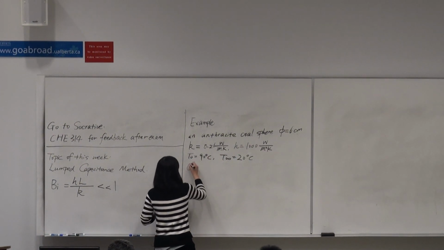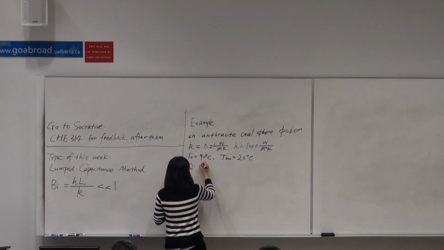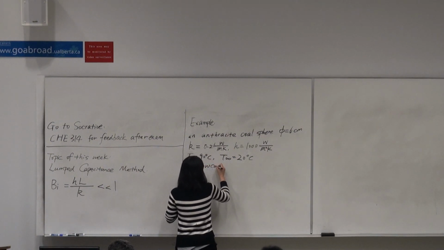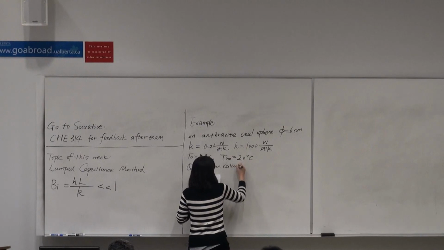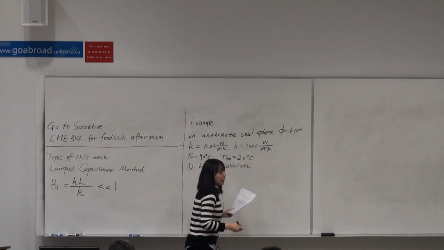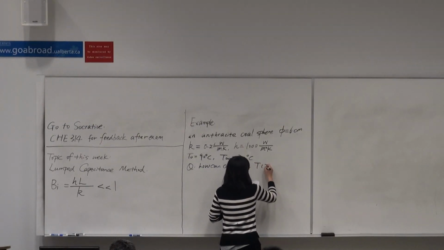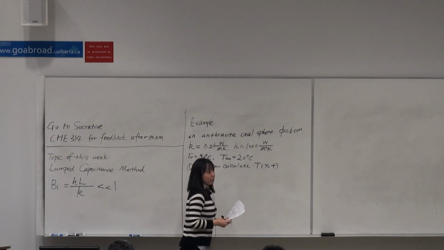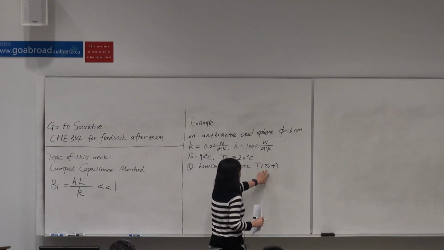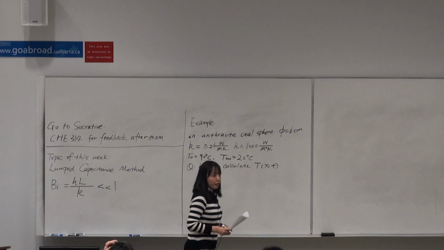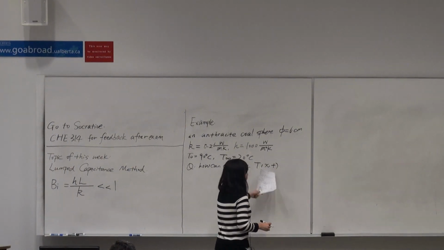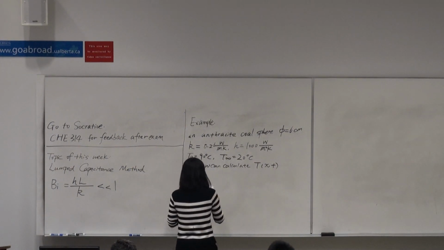Now, my question here is, how can we calculate the evolution of its temperature distribution as a function of both the spatial variable and how it evolves with time?